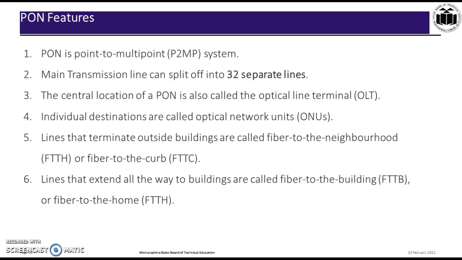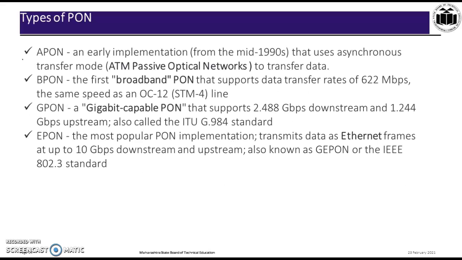Lines that terminate outside buildings are called FTTH, or neighborhood, that is called FTTC. And the lines that extend all the way to buildings are called fiber to the building, FTTB, or FTTH.